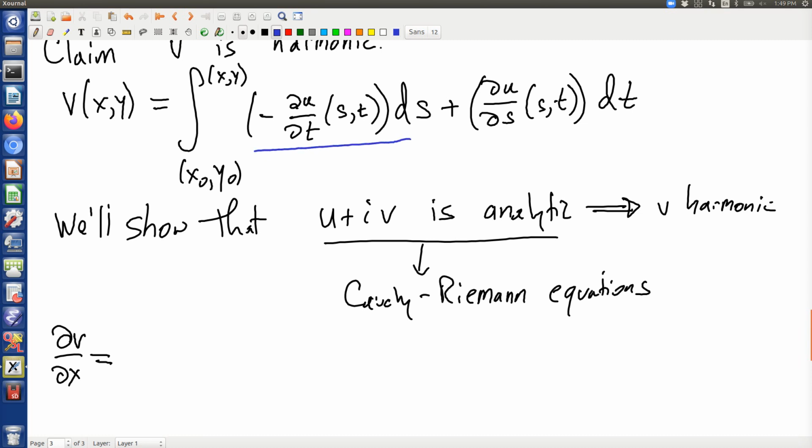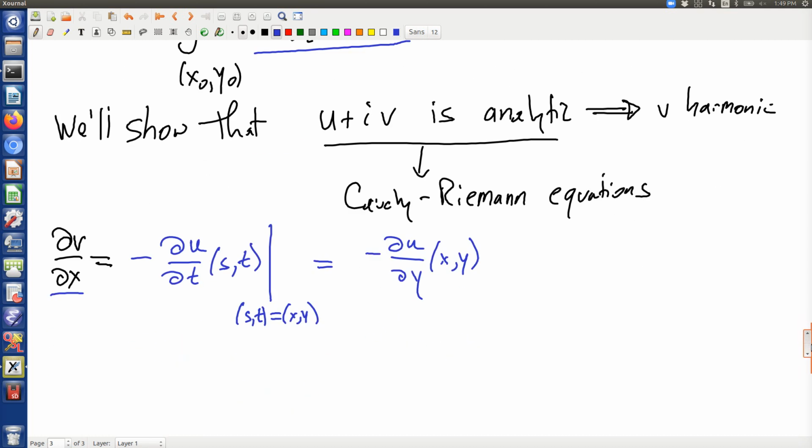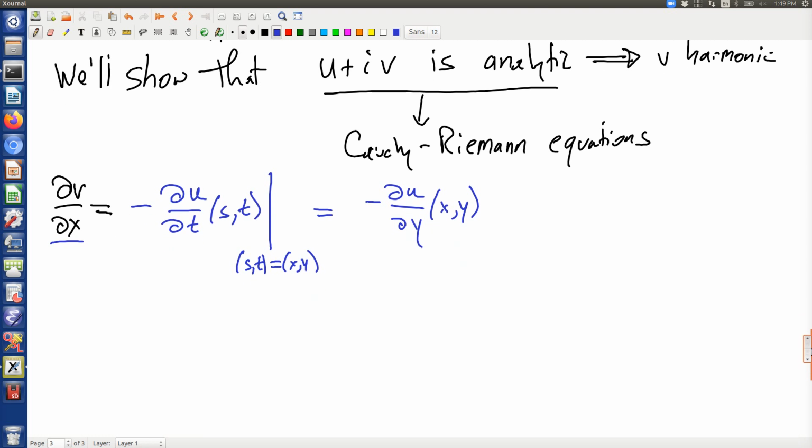And so the partial derivative of v with respect to x is really just this guy evaluated with s and t being x, y. Notice the t and the y line up. And what do you know? That is, in fact, the second Cauchy-Riemann equation.